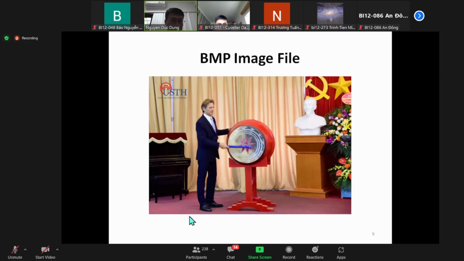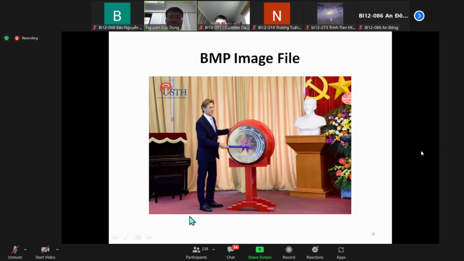I take another example to talk about data representation. This picture I took from the USTH homepage last year, and I prepared the content based on this picture, so this year I continue to use it.